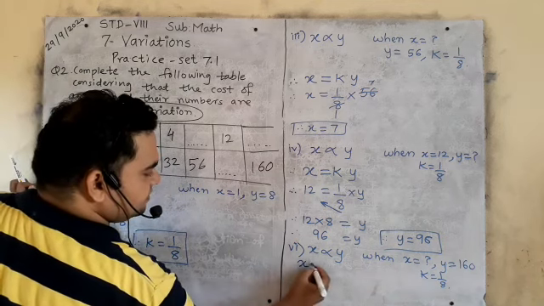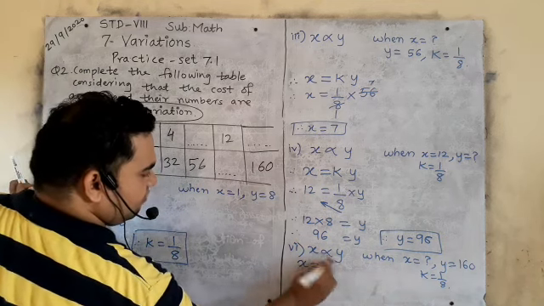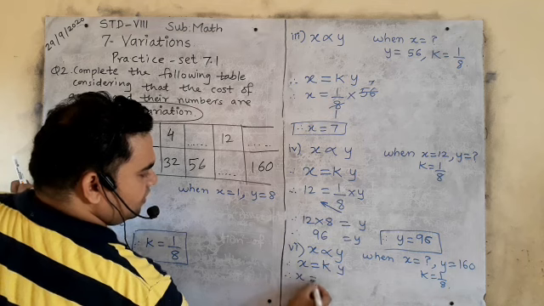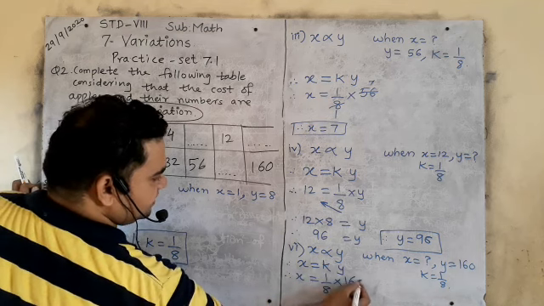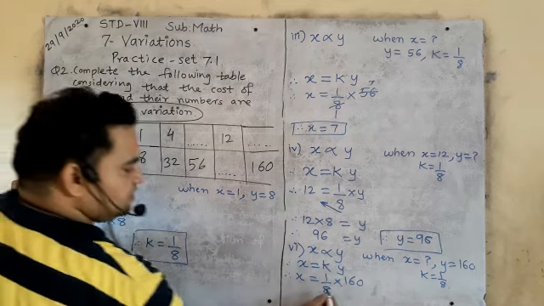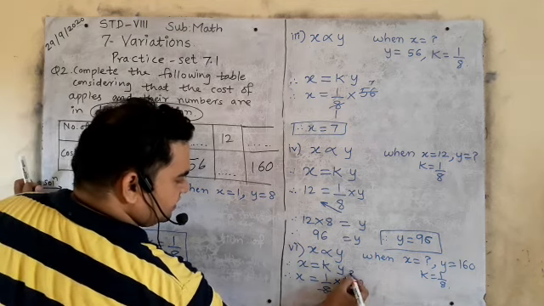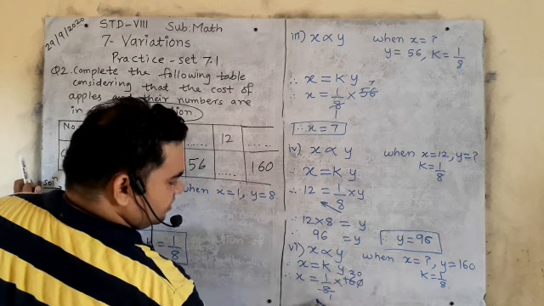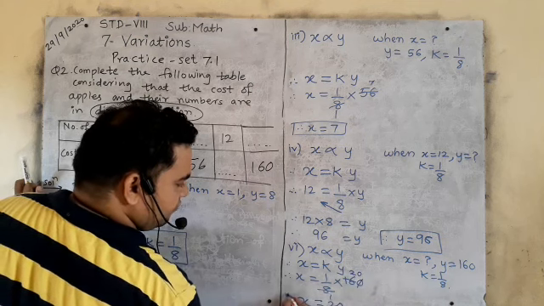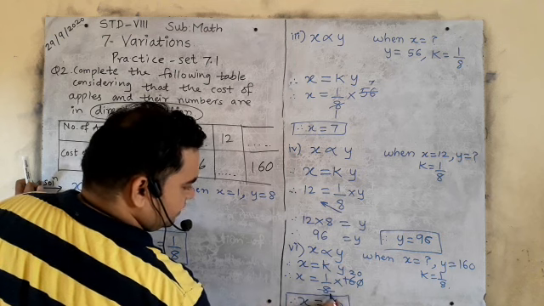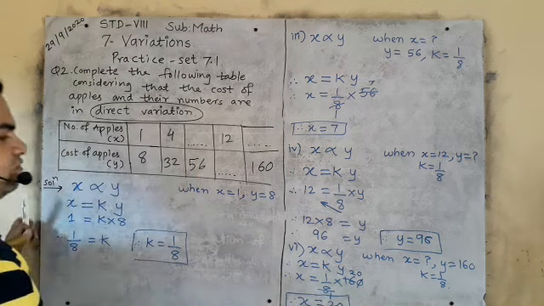See, X is equals to, in place of alpha we will write equals to K Y. X value is how much? Not given. K value is 1 upon 8. Y value is 160. It is very simple. 8 ones are 8, 8 twos are 16, 8 zeros are 0. Therefore X is equals to 20.